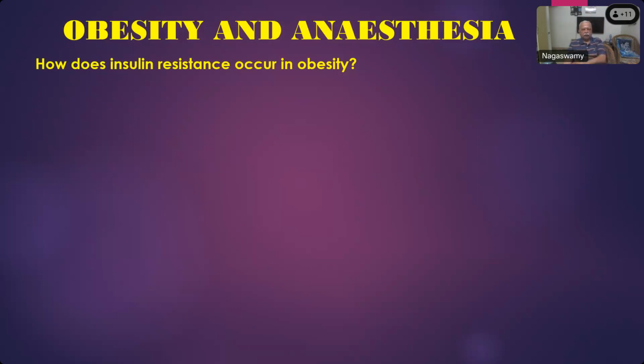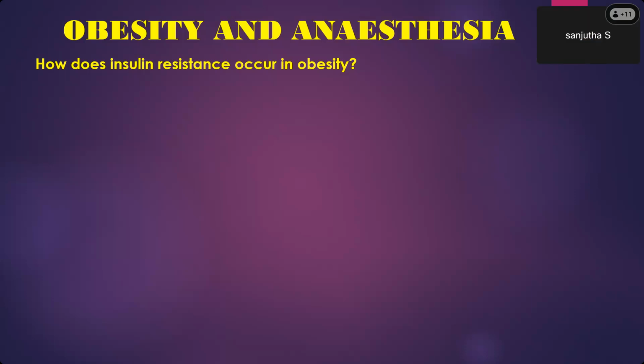The main reason stated is that they develop insulin resistance. And we saw in the earlier class, in the discussion of diabetes mellitus, how insulin resistance occurs, the two methods by which it can occur. Is it the same here or is it something different? Can you attribute the same reasons for insulin resistance in obesity also?